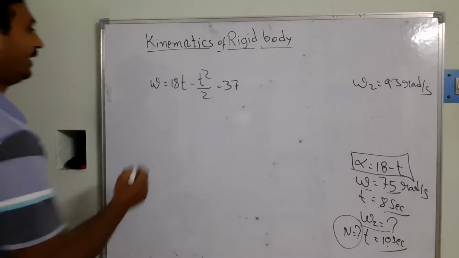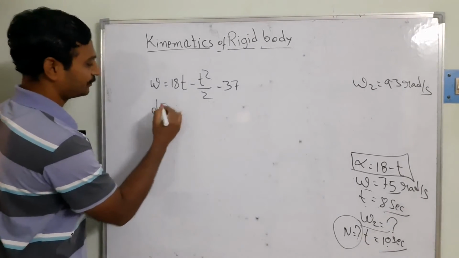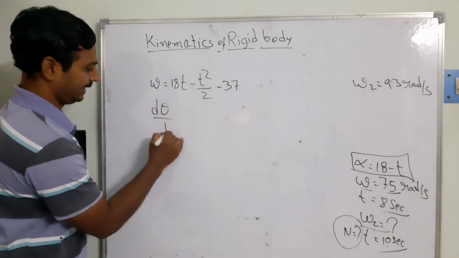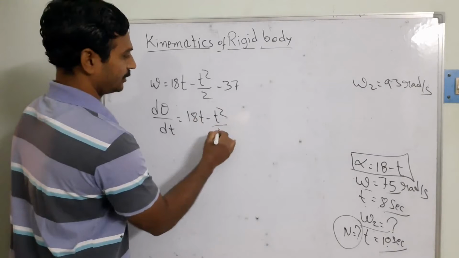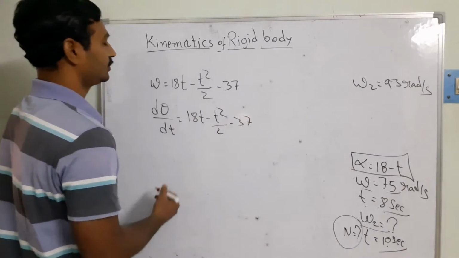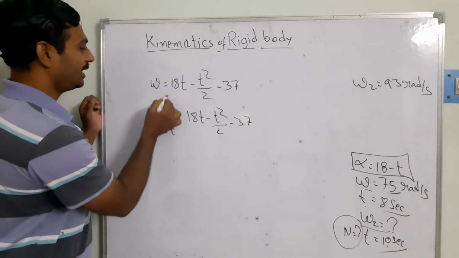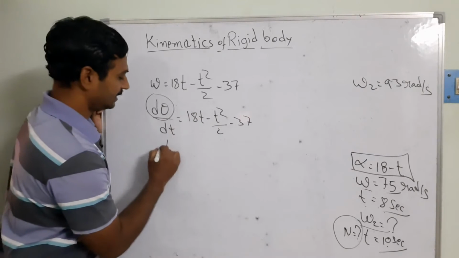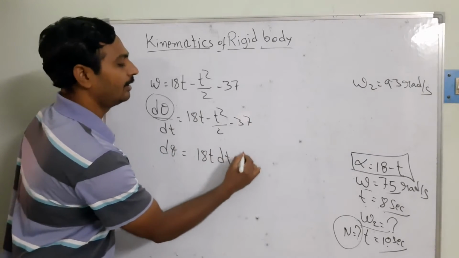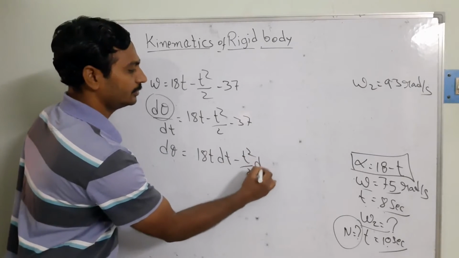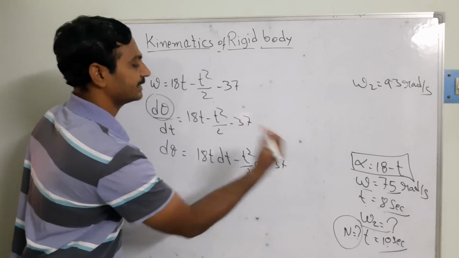So now I am writing here, this is going to be the rate of change of angular displacement with time, that is equal to 18t minus t square by 2 minus 37. Then I take the similar terms: d theta is equal to 18t dt minus t square by 2 dt minus 37.